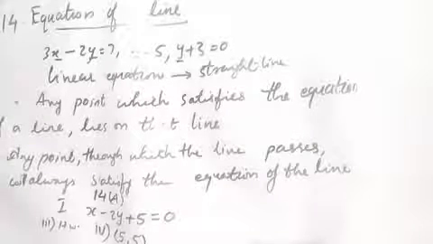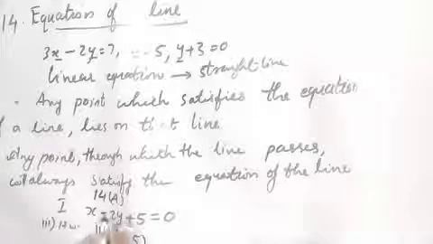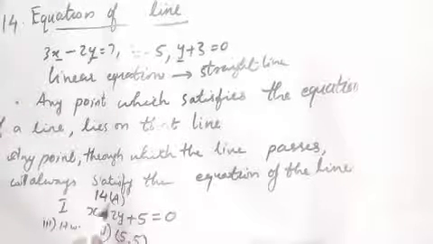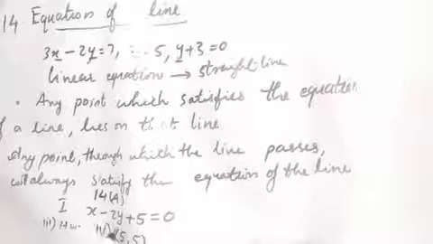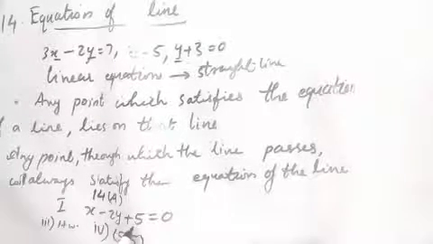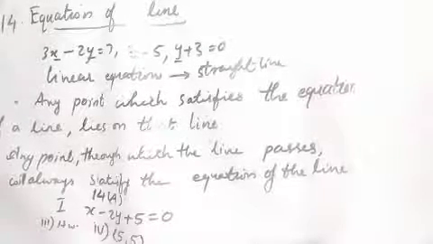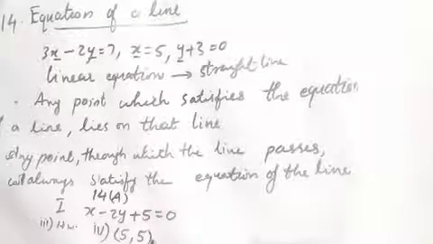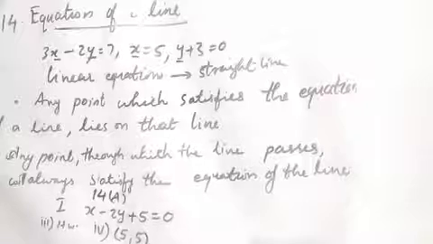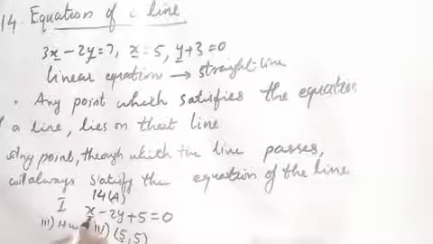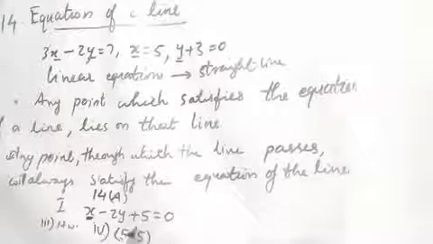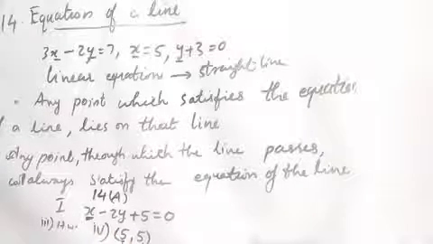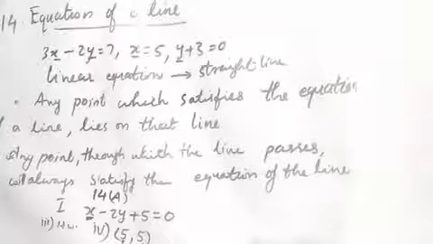How can we check this point 5, 5 is on this particular line? This is a linear equation, no? So the graph is always a straight line. So 5, 5 lies on this straight line or not? That is the question. Yes, we have to replace x equal to 5 and y as 5, the x coordinate and y coordinate.